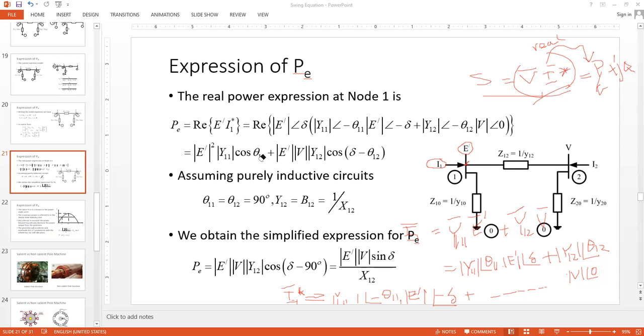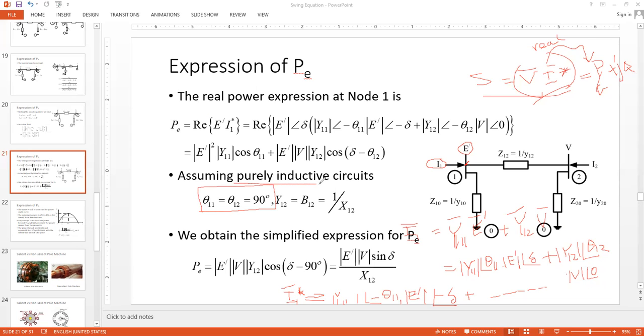And theta 11 is the corresponding angle for that admittance. So when we have purely inductive circuits, what is the phase angle for the purely inductive circuits? 90 degrees. Excellent. So that is 90 degrees.